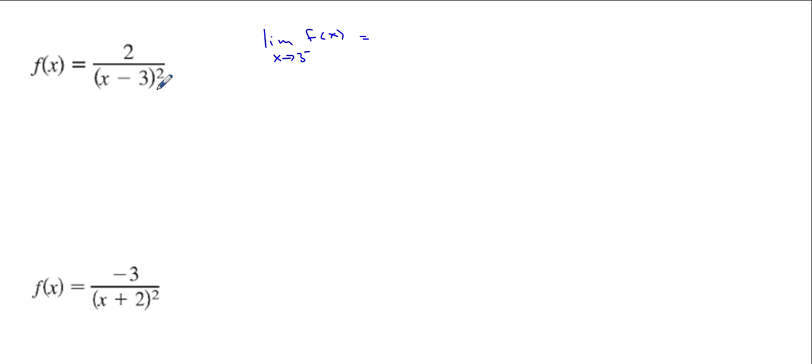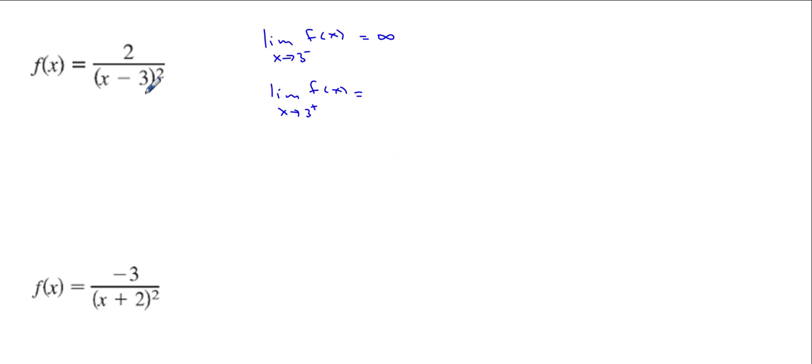It becomes smaller. For instance, 1/2 squared is 1/4. So what's the result? Positive in the denominator, 2 divided by a small positive number, positive infinity. And the limit as x goes to 3 from the right.